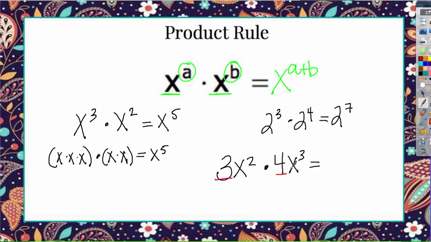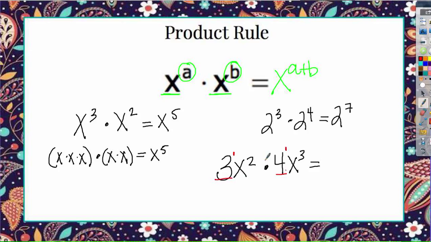The 3 and the 4 are just coefficients. If this had been 3 and 3, I could do 3 squared because there are technically understood ones, because that 2 was only going to the x. It's not going to the 3 in front of it. If it had been in parentheses, that'd be a different story, but right now it's just going to the x.